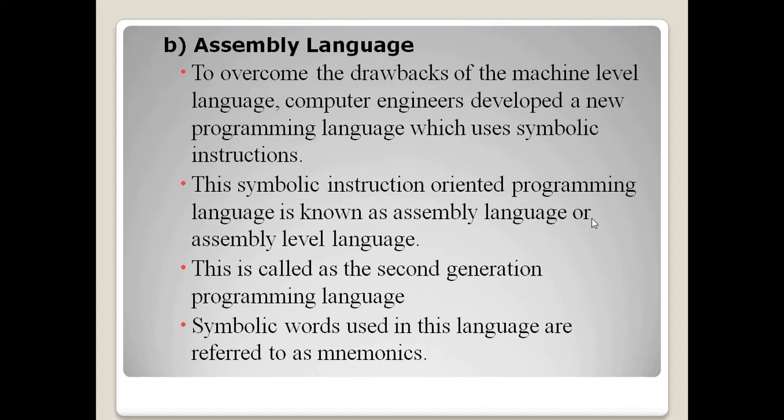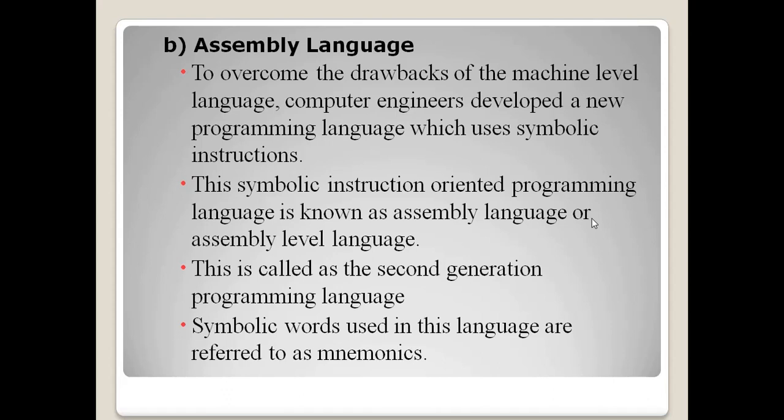And as we see the assembly language, there is a drawback in machine language. Using zeros and ones is difficult. We cannot differentiate between the instructions which are written in zeros and ones.